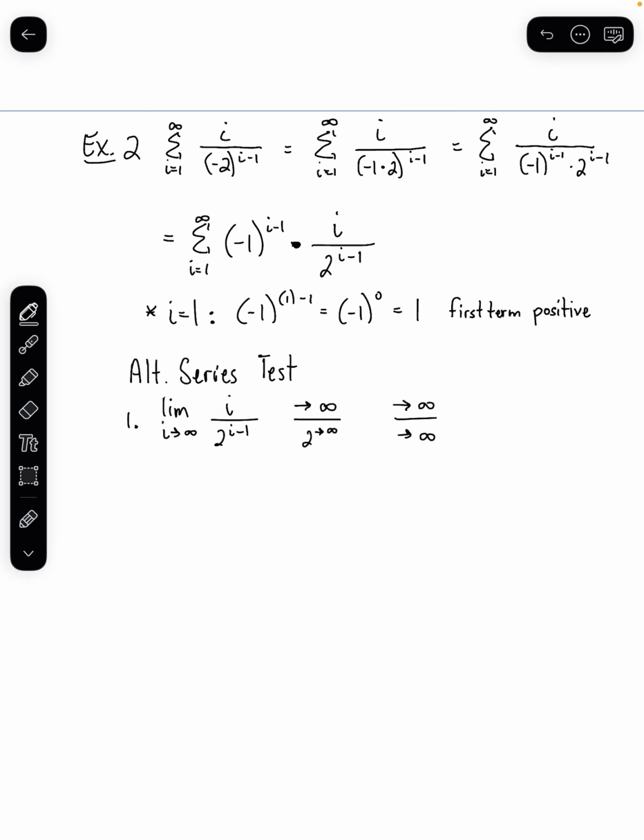But that being said, L'Hopital's rule will quickly show us that this does approach 0 because, as we've seen by now, the exponential function in the bottom is going to grow considerably faster than the linear function in the top. But a quick application of L'Hopital's rule will verify this.